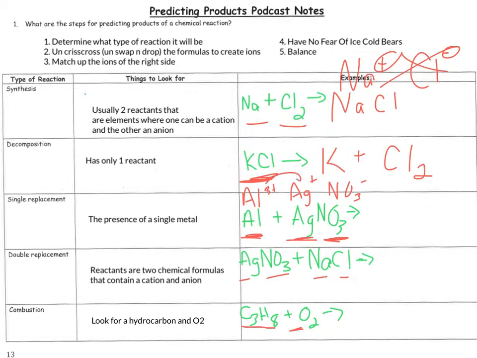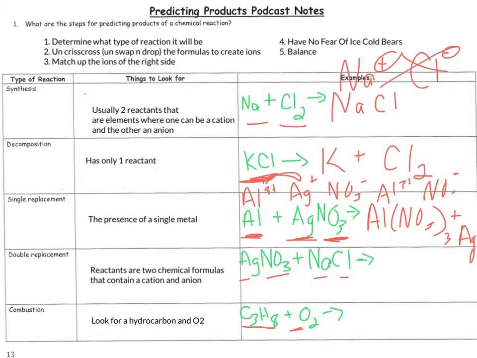So I'm just going to swap out those metals there, making aluminum with the +3 charge and nitrate with the -1 charge, crisscross, which will give me Al(NO3)3, and then all by itself I will have silver.